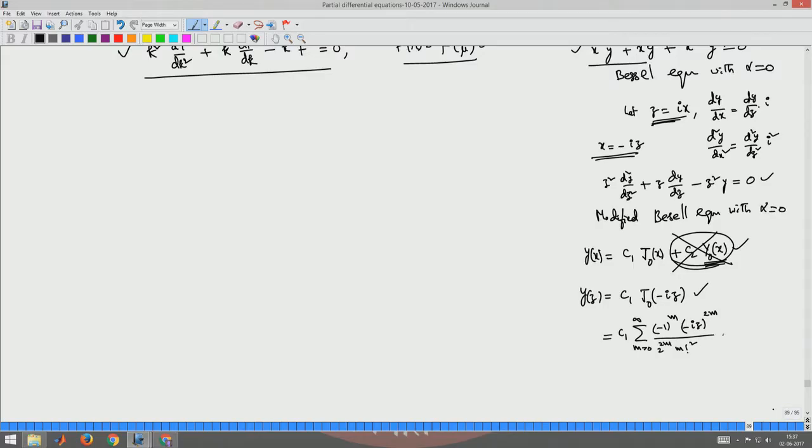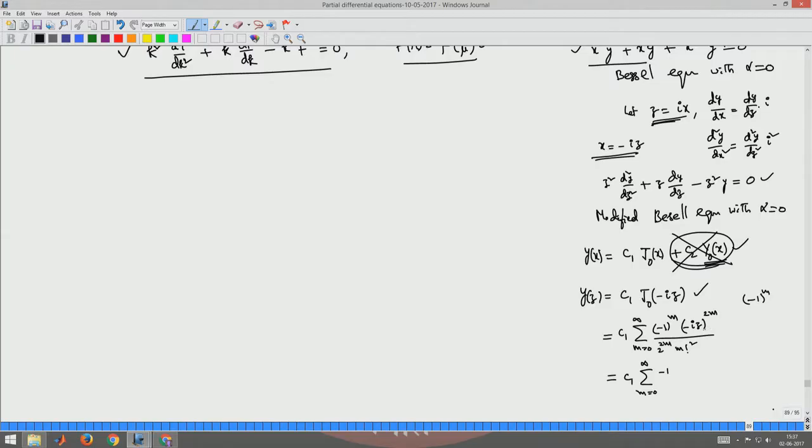So, you can see that minus 1 power m and minus I power 2m become 1. This is actually C1 times the sum over m from 0 to infinity of minus 1 power m into minus 1 power 2m. That is, minus I square is minus 1, so power m.